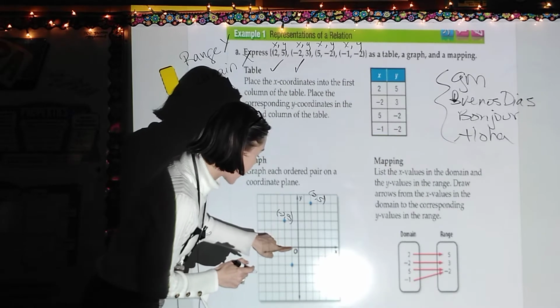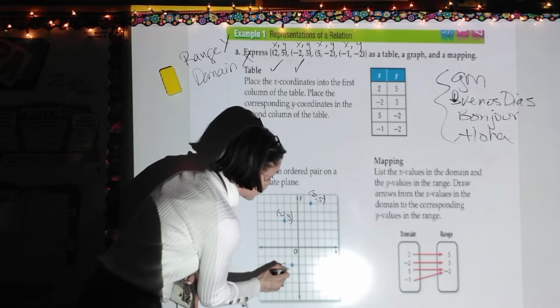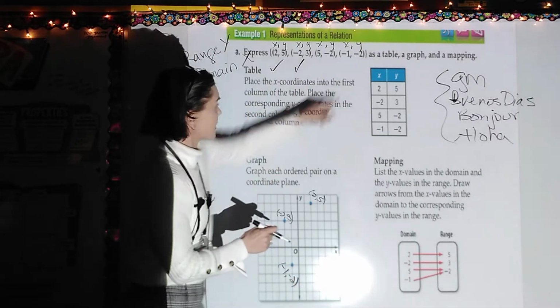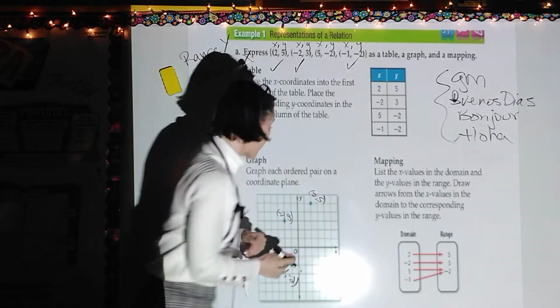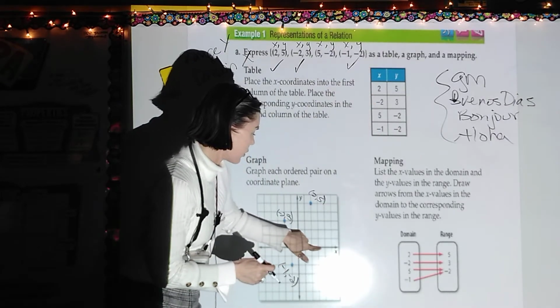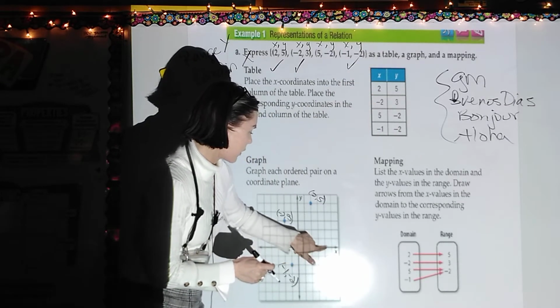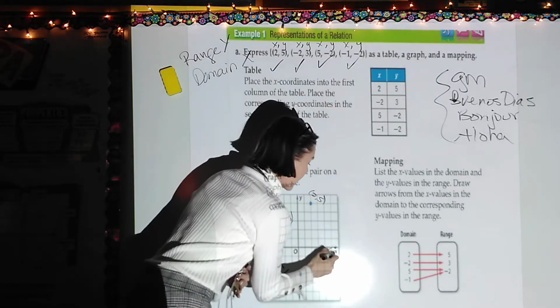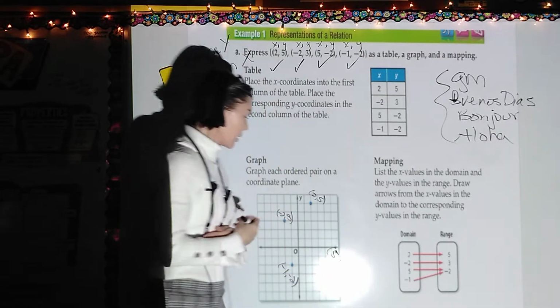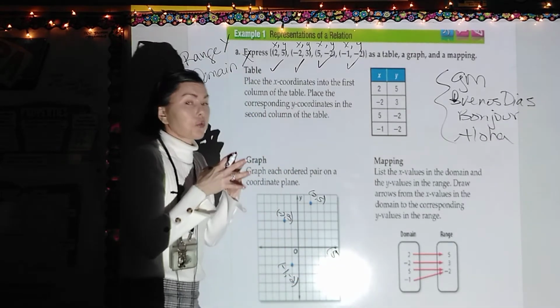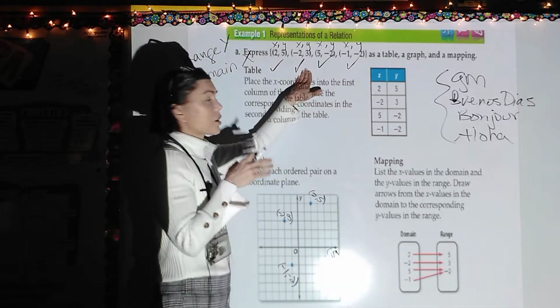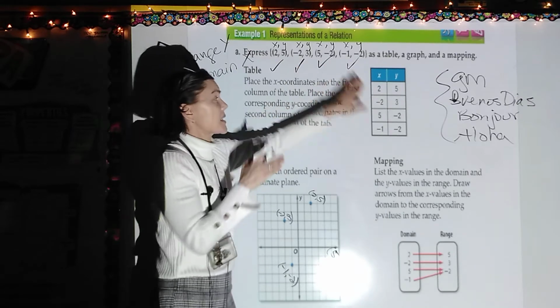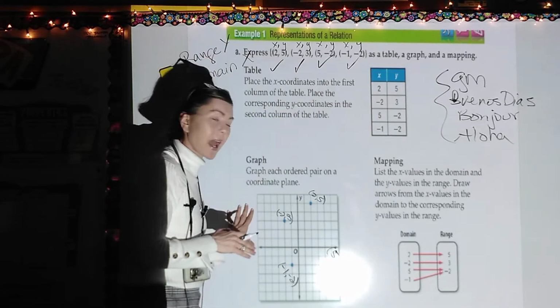And then we have negative 1, negative 2. That's the last one, check. And then we have positive 5, negative 2, so check. Okay, so we've written the same list of ordered pairs as a list, as a table, and on the graph.